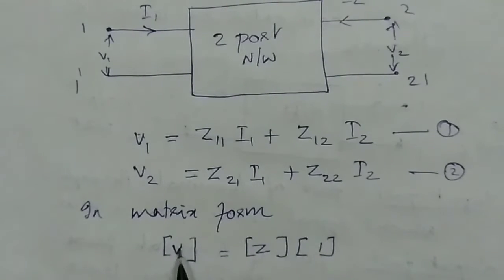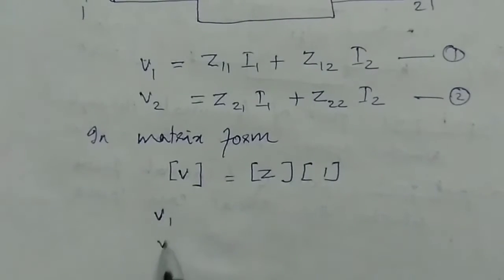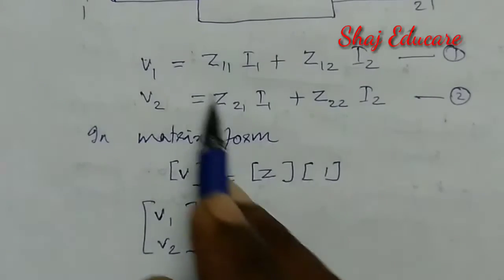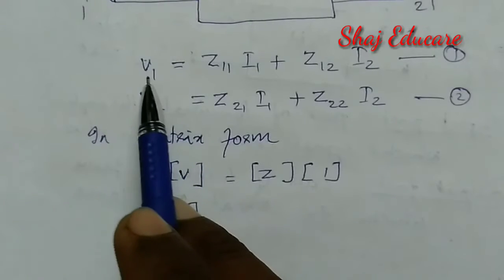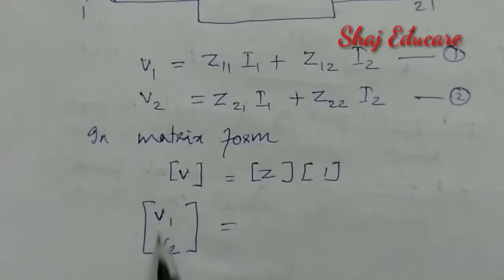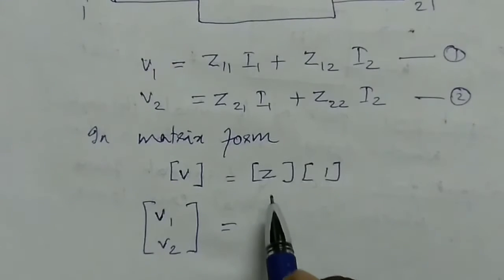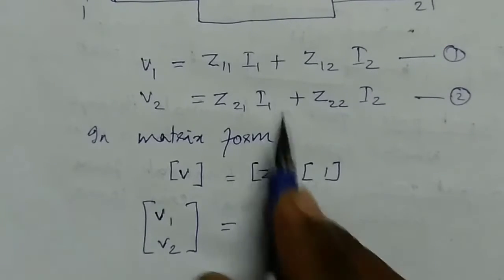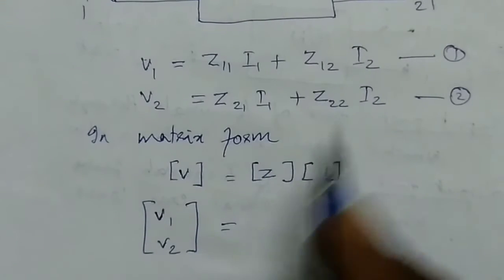Now let us replace the voltages, impedance parameters and currents. V1 and V2, for the input voltage and output voltage, are in the form of a column matrix. Now the Z parameters are of 4 types: Z11, Z12, Z21, and Z22.